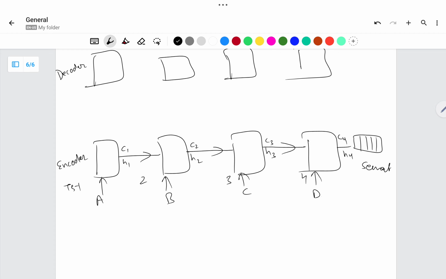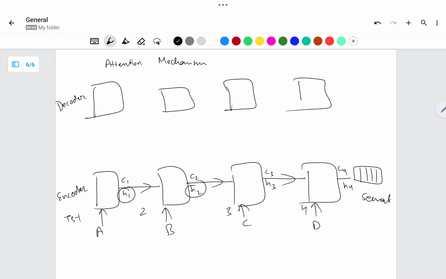So when we talk about the output vector, the hidden state is termed as the output vector of every LSTM block. Okay. So for every time step, the hidden state that the LSTM block produces is its output vector. So this vector is passed here along with SOS, start of sentence token.